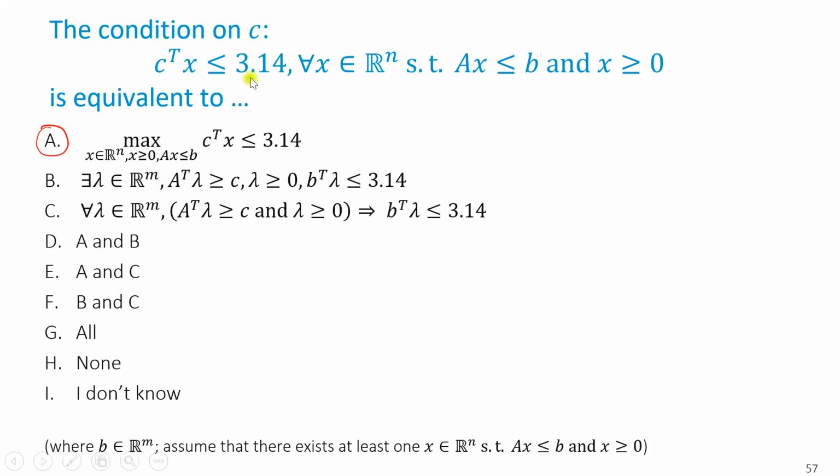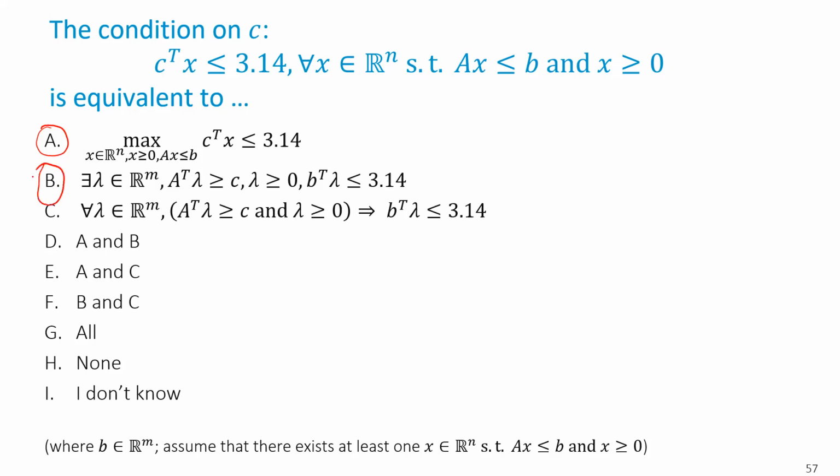And we know that this is equivalent to being larger than the max of all those values. So the max, the dummy variable is x, it's the max over all x that satisfy those constraints. So A is the usual transformation that we have seen of removing a max versus a quantifier.